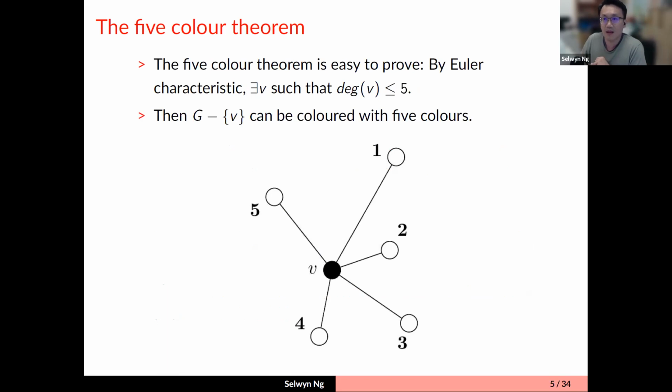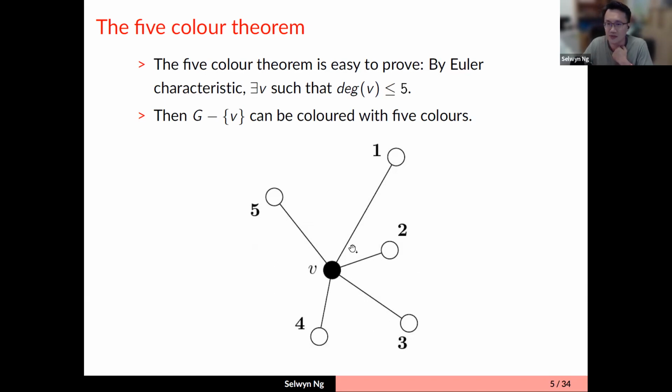So let's start out with just the 5-color theorem. The 5-color theorem can actually be proved much more easily than the 4-color theorem. So I just want to quickly talk about this. If we had a planar graph, as with most proofs, this is done by induction, and by Euler's characterization of the faces and edges for planar graphs, we can deduce that there is a vertex where the degree is at most 5.